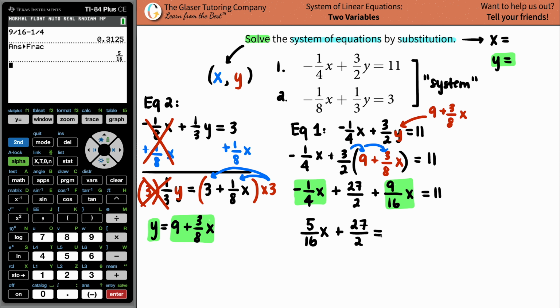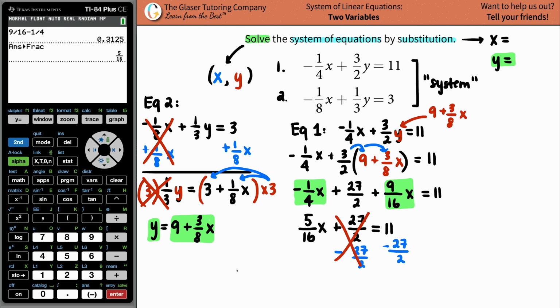Okay. We are on our way. So in this case, now we want to get the x by itself. So we're going to subtract 27 over 2 on both sides. This part will cancel.